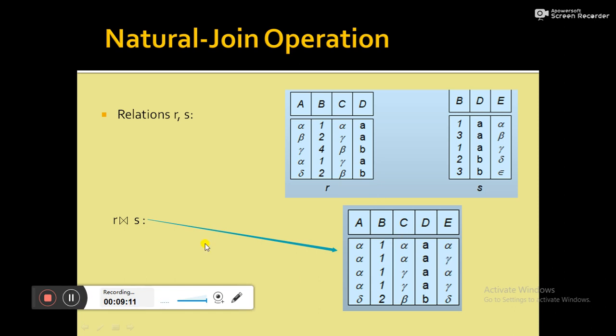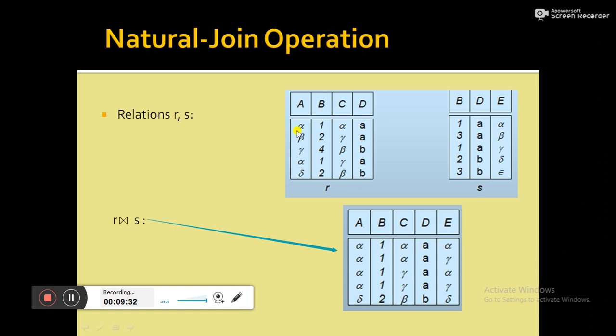That operation will select the records, or tuples, from R and S for which the values of the common attributes are the same.